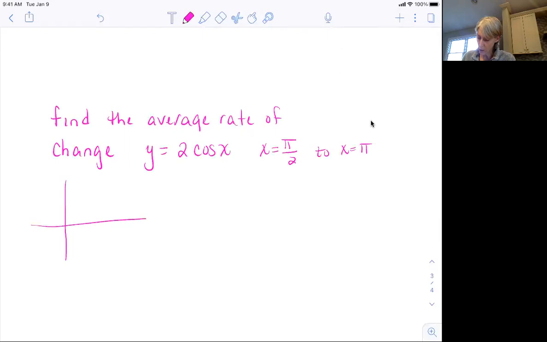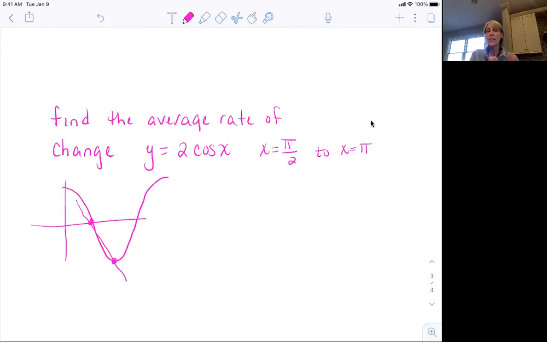So if I think about it, 2 cosine x is just that guy there. It's just stretched. And we're going from pi over 2 to pi. So we're looking for the slope of that line.